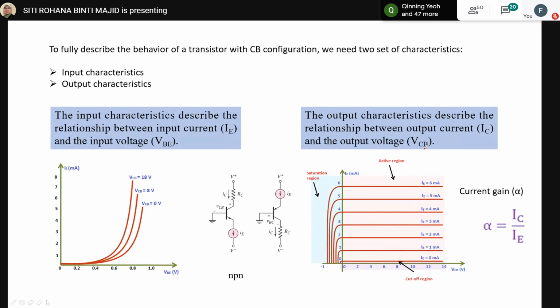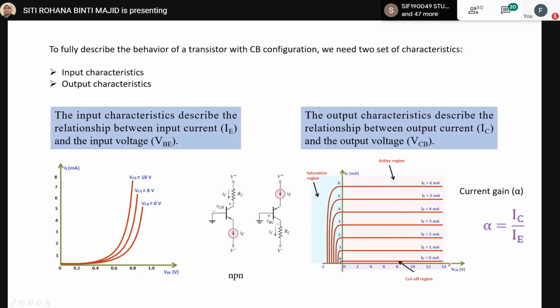As I discussed before, we can notice the saturation region and active region, in which in the active region you can calculate IC equals beta IB. For the current gain, we can use the normal equation, which applies to all.